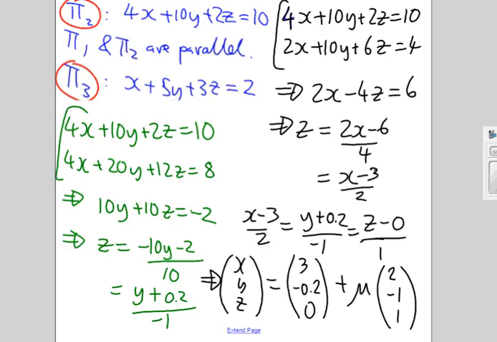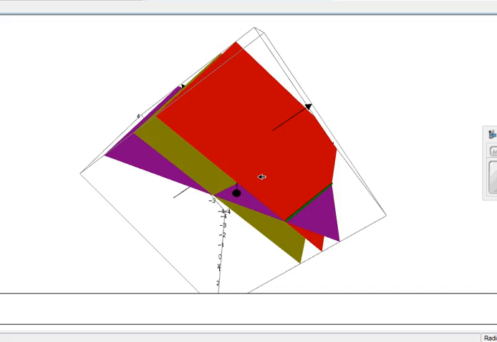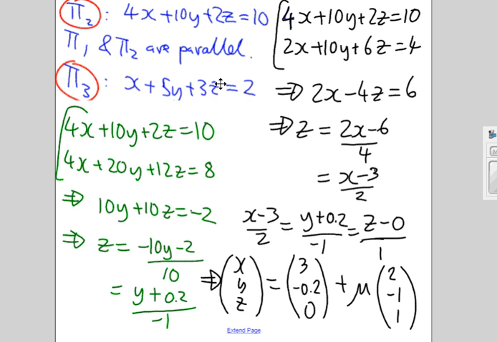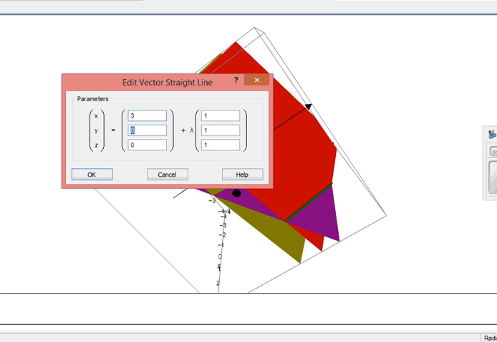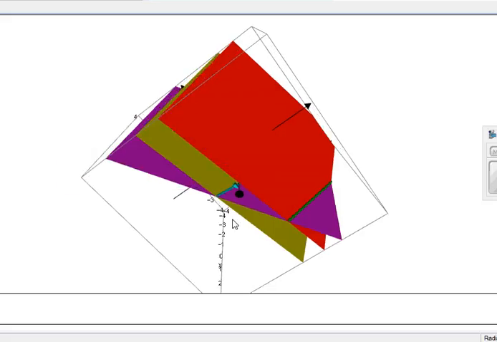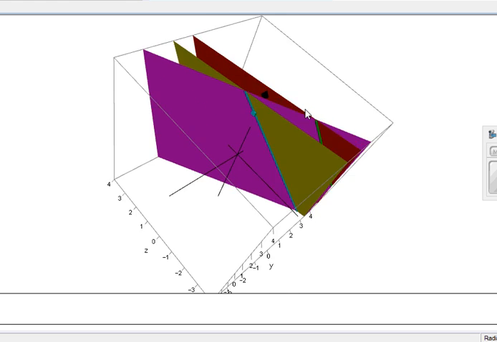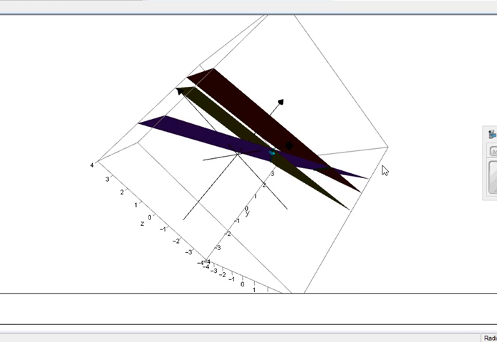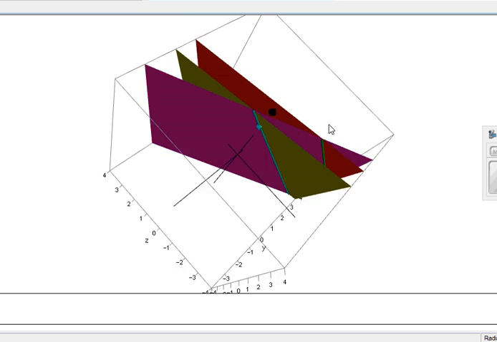And we've just worked out this equation, which was (3 minus 0.20) plus lambda (2 minus 1, 1). What's the relationship between the two lines? I'm sure you figured it out. They're parallel.